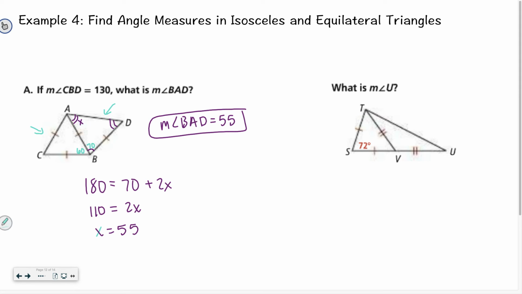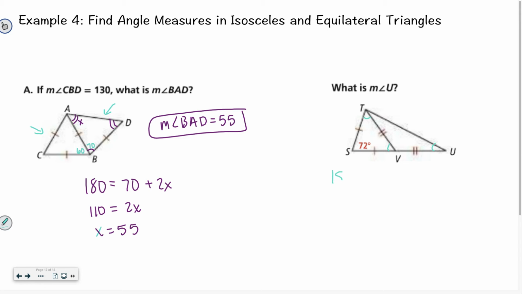Let's try another one. If I want to figure out the measure of angle U, so that is right there. You can see I don't have any equilateral triangles. I have two different isosceles triangles. So first, since the only angle I have is 72, I have to solve for these angles.